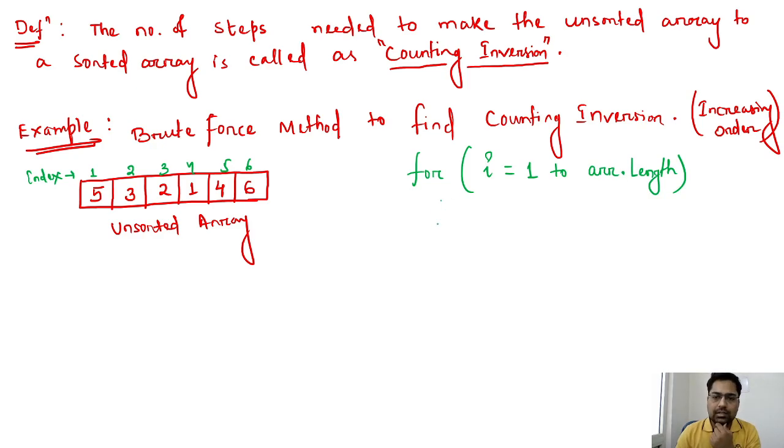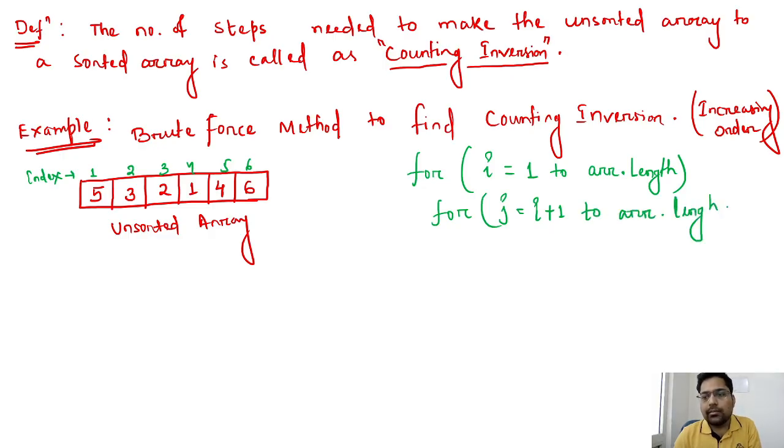Though it is a brute force method, we have to check and swap. Next, j will start from i plus 1, and we have to check with the immediate index up to the array length. The array length here is 6, because there are 6 elements.